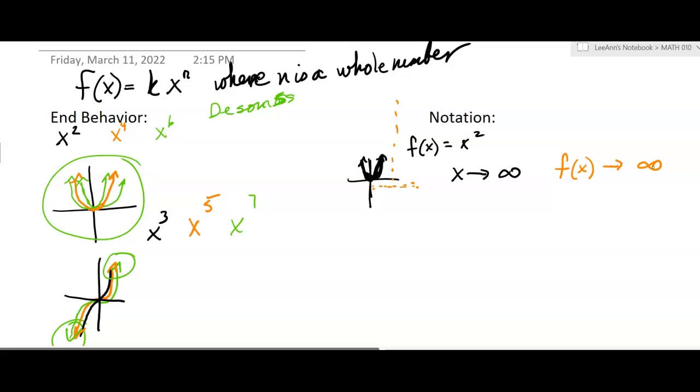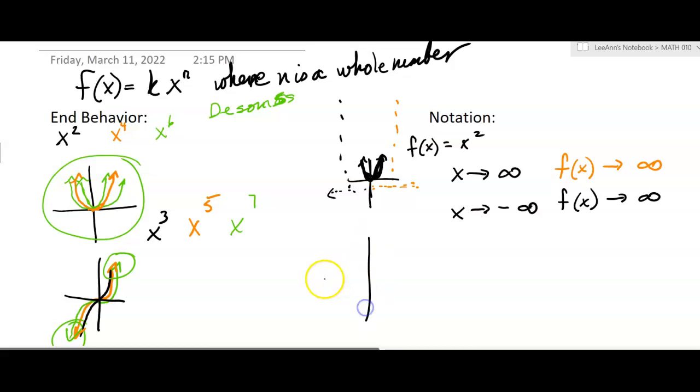So this is how we write this idea. As x approaches infinity, f of x approaches infinity. All right, now let's look at the other side. What if x is going this way? So we say as x approaches negative infinity, f of x approaches, well, it's going up, right? So f of x approaches infinity.